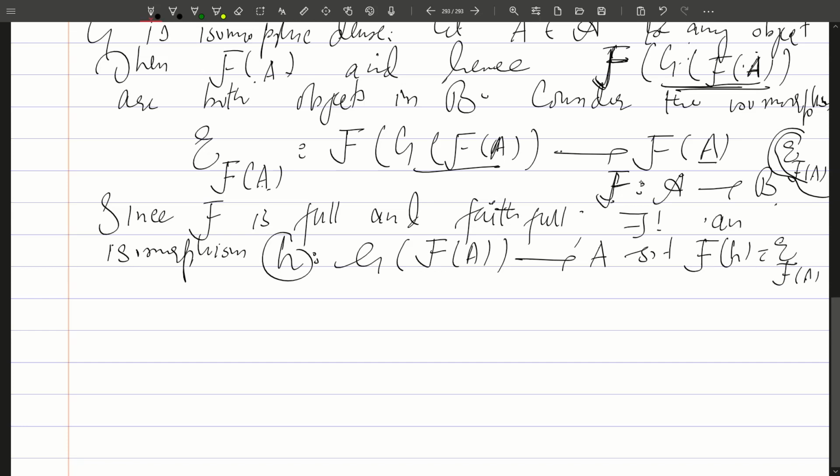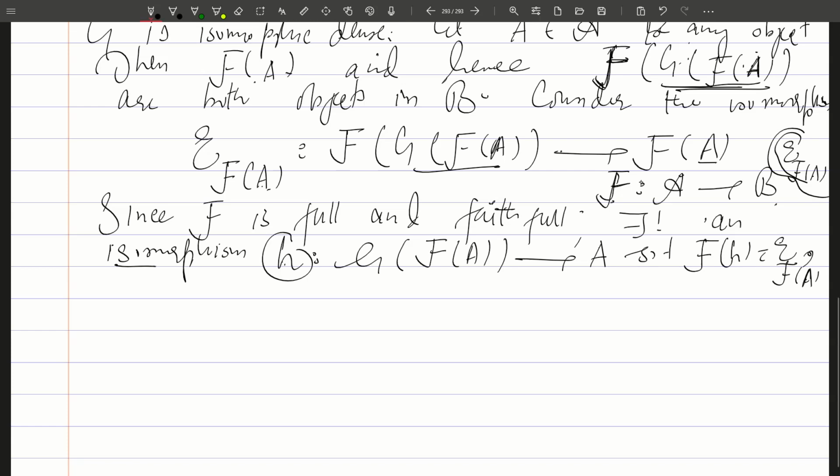Now, why is this an isomorphism? Because F is a functor. It preserves isomorphism. It carries isomorphism to isomorphism. So if epsilon f of A is an isomorphism, then this morphism is also an isomorphism. That is why we wrote here isomorphism. So the reason is that functors preserve isomorphism, so H is an isomorphism.